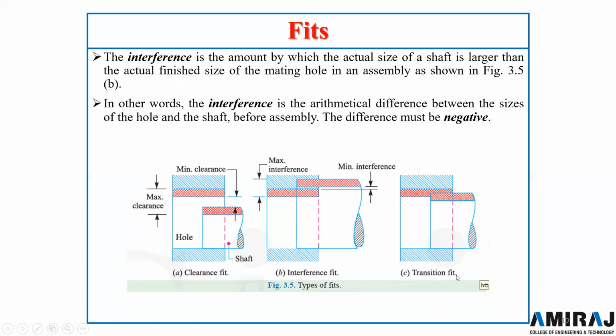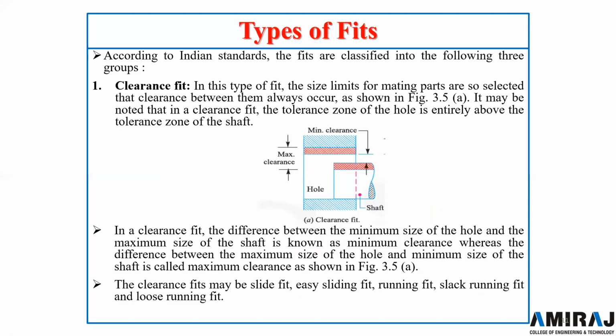For transition fit we require some external force to fit the part in the hole. For example, in a ball bearing, the bearing needs to be pushed into the housing so that it can fit perfectly. That is one example of transition fit. So this is all about the types of fits.